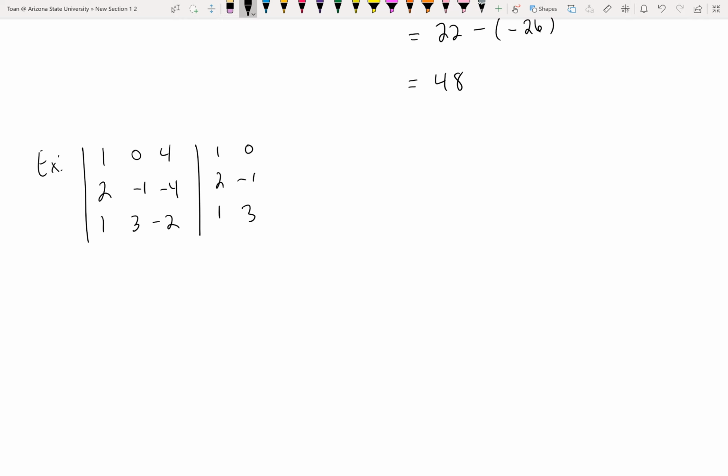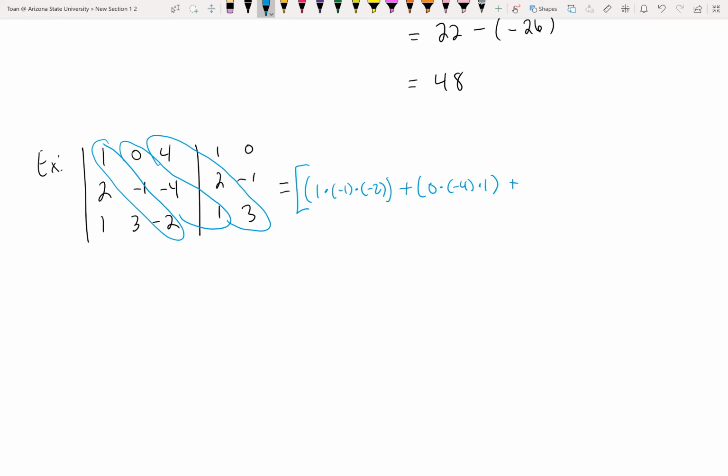And then what you're going to do is go ahead and make your diagonals. My first blue diagonal here is going to be 1 times -1 times -2. Plus, second diagonal, 0 times -4 times 1, plus the third diagonal, 4 times 2 times 3.